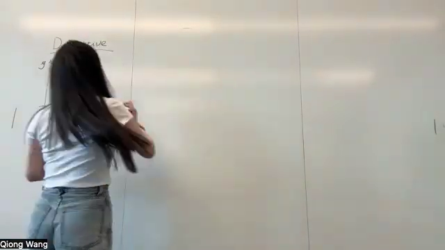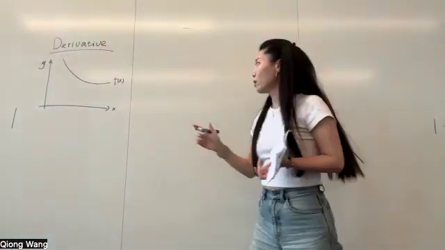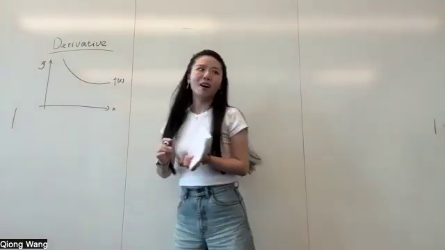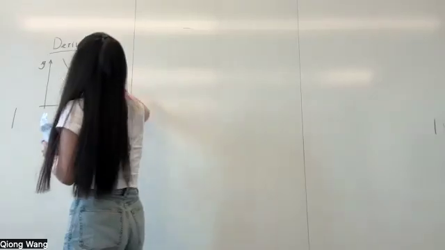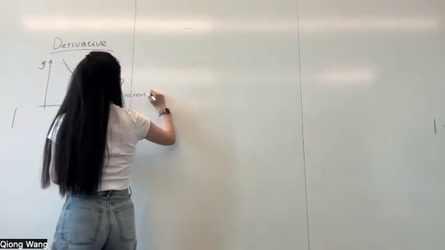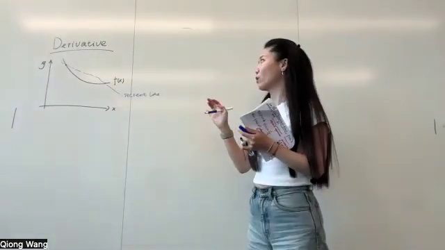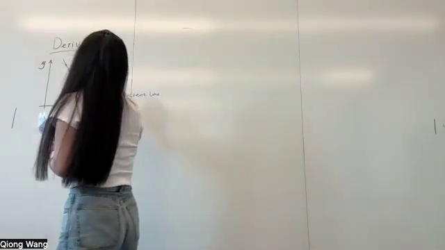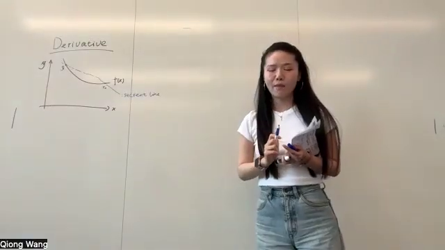We have a graph of f(x) like this, and a straight line like this. This line will cross the graph of f(x), and we'll have two points of intersection, for example x0 and y0. But there is a very specific situation like this.